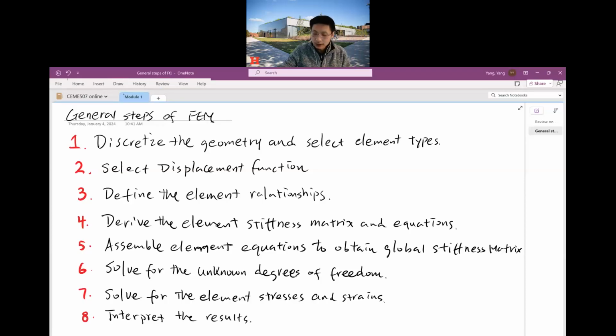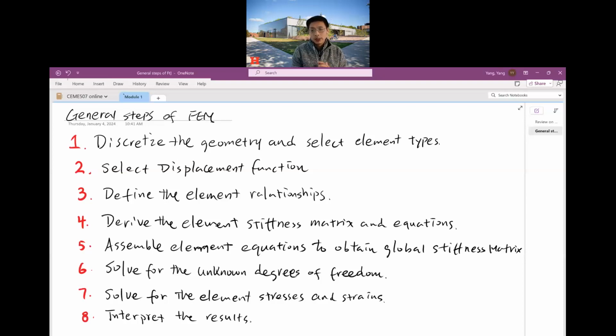So this is the general steps for any finite element models. If you use hand calculations, basically you need to follow all the 8 steps one by one.